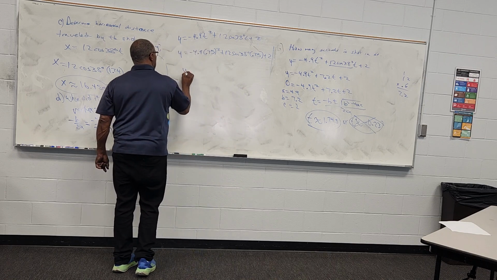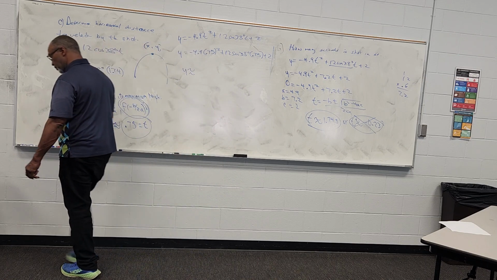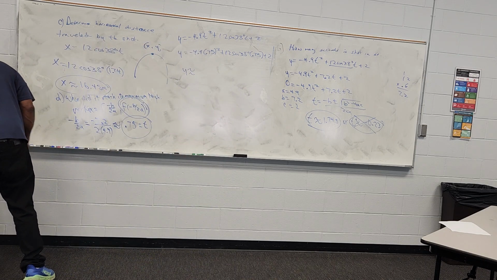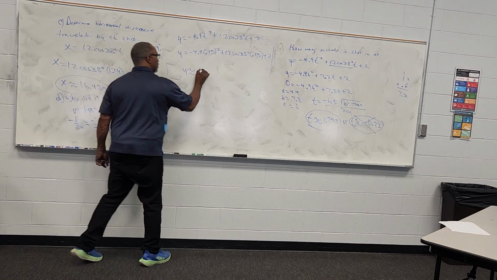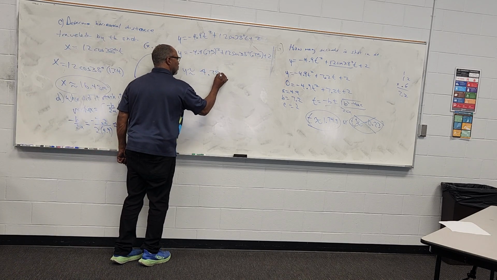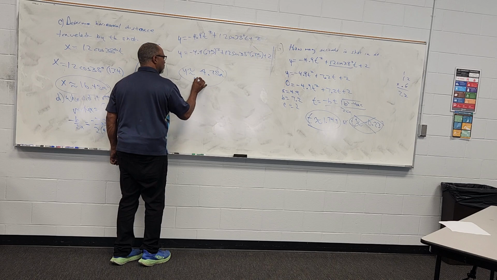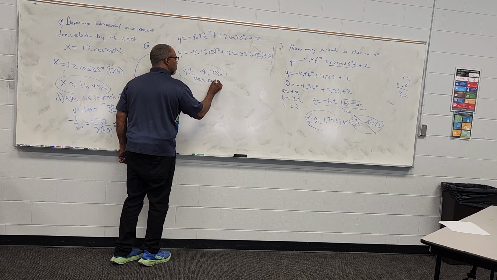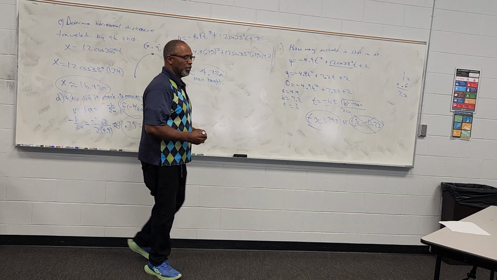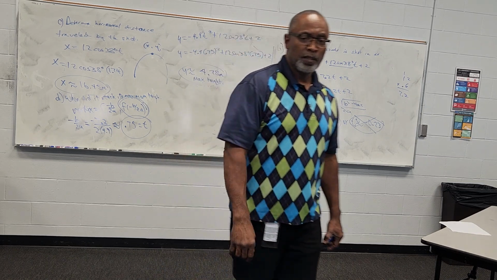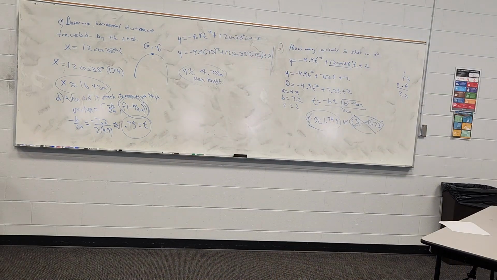Do that in your calculator, and they say the maximum height is 4.78 meters. That's the max height. So that's how we use those parametric equations that describe projectile motion.